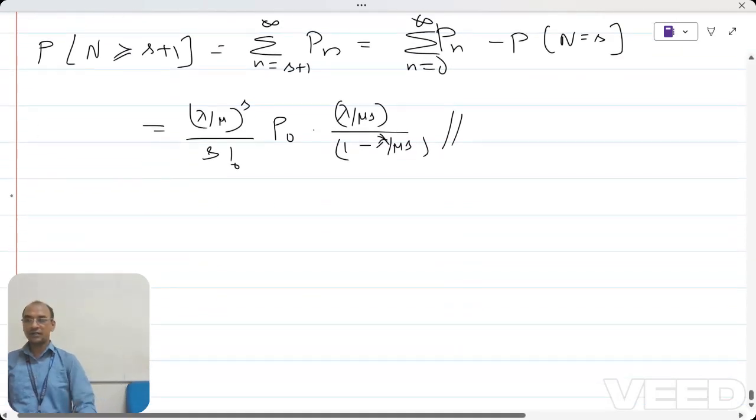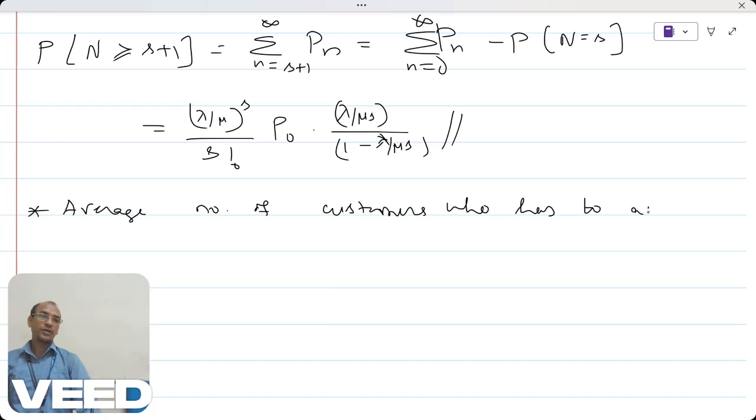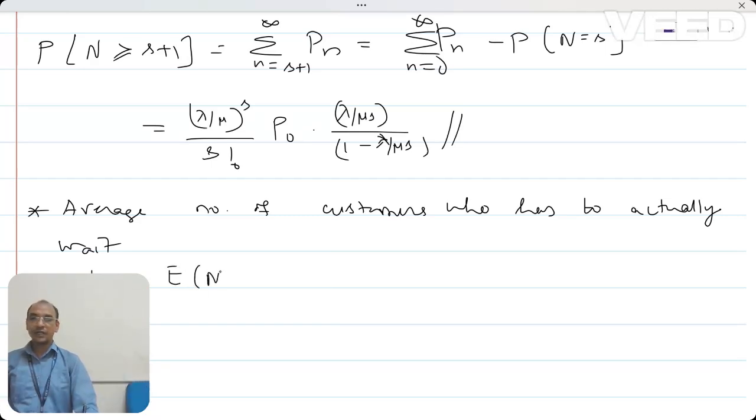And the next characteristic is the average number of customers who actually have to wait, which will be nothing but L of W. So this is equivalent to E of NQ provided the number of customers in the queue is more than 1.